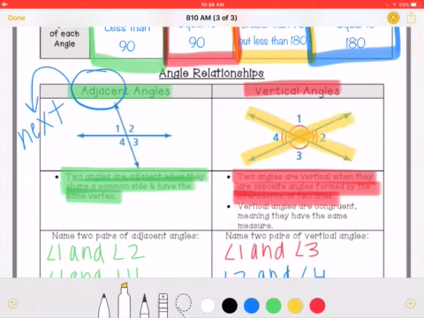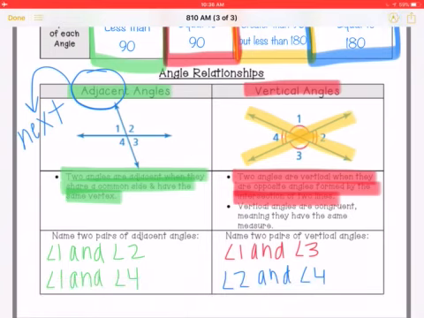It forms 4 angles, and the angles that are opposite one another are vertical to each other. So I'm looking at angle 1, I'm going across the vertex to angle 3. They are vertical angles. The other pair of vertical angles are 2 and 4. So there are only 2 pairs here of vertical angles. They're across from one another.